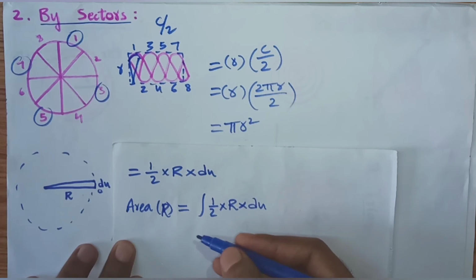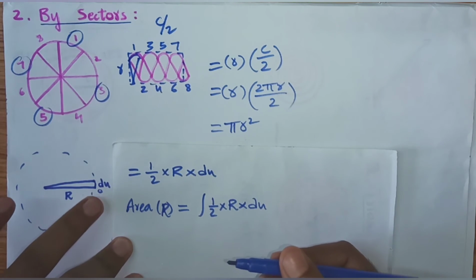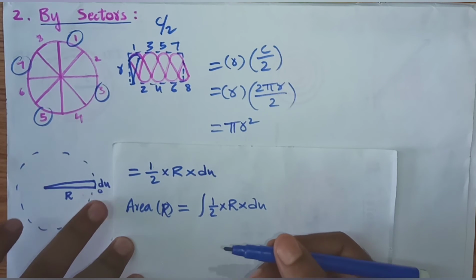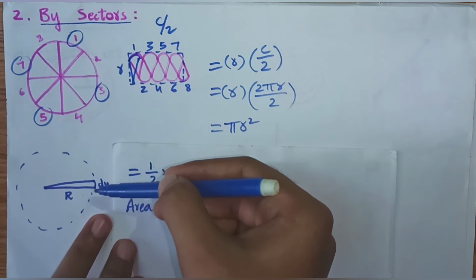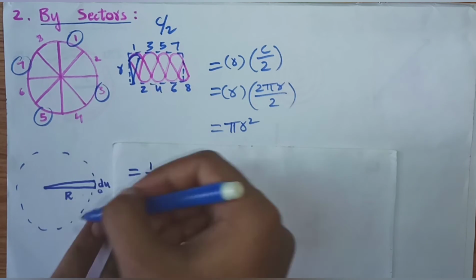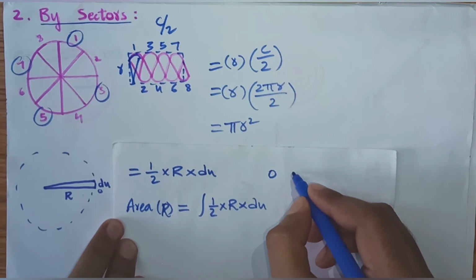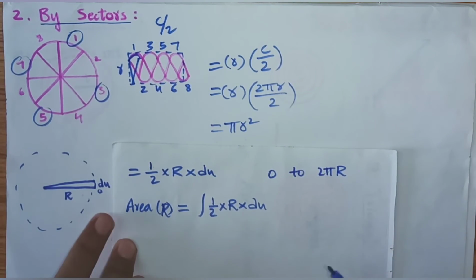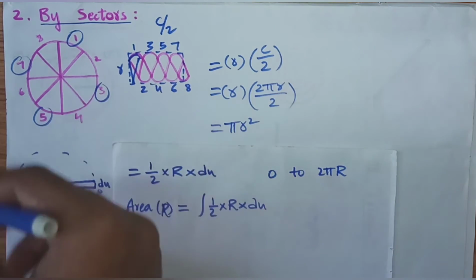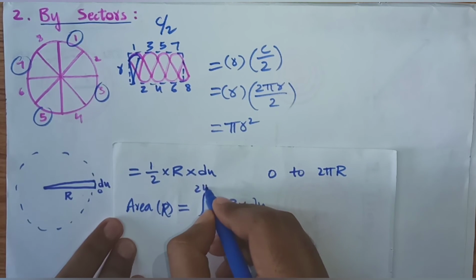To write the limits of the integration, you need to know that this small length will start at 0 and we will sum it up to the total circumference. So simply the limits are 0 to 2 pi r, where 2 pi r is the circumference. 0 to 2 pi r.